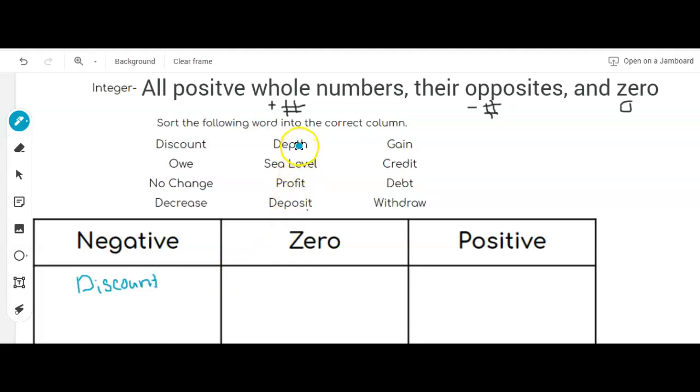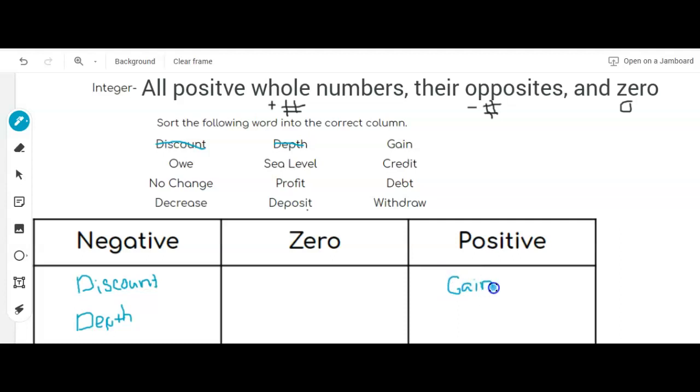Okay, looking up here, depth, cross that out, use it, depth. That's how far down something goes. So depth is also going to be here. Okay, and gain, that means I'm getting more. I'm going up. So that's going to go in positive.